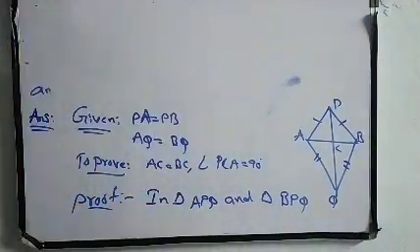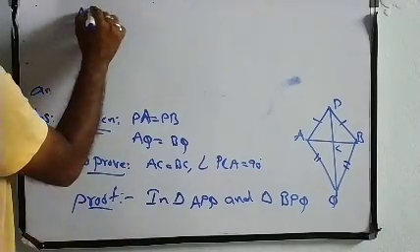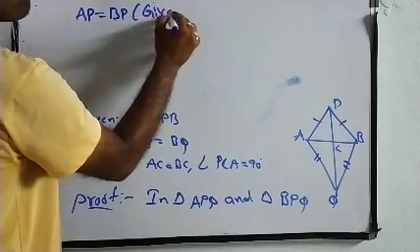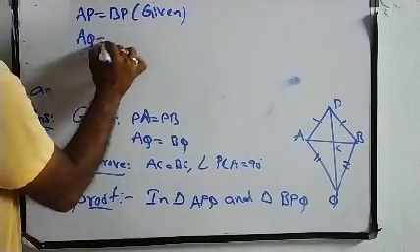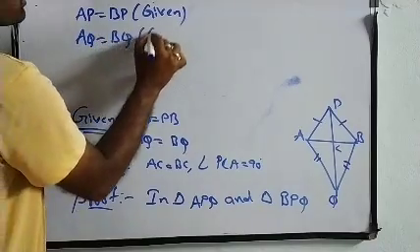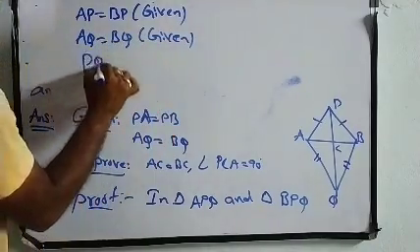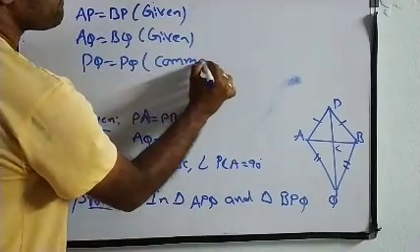AP is equal to BP, which is given. Next, AQ is equal to BQ, this is also given. Next, PQ is equal to PQ, which is the common side.